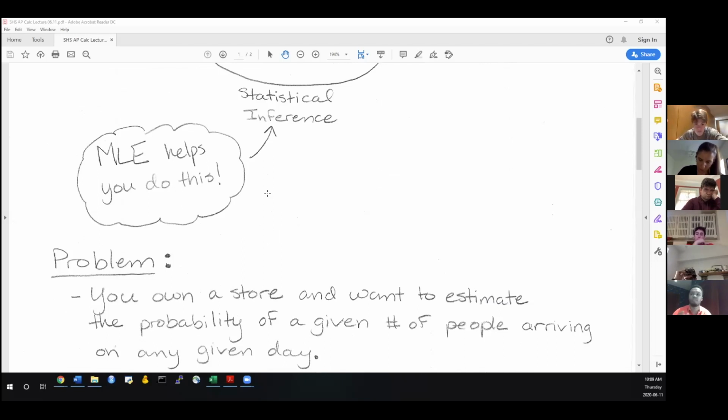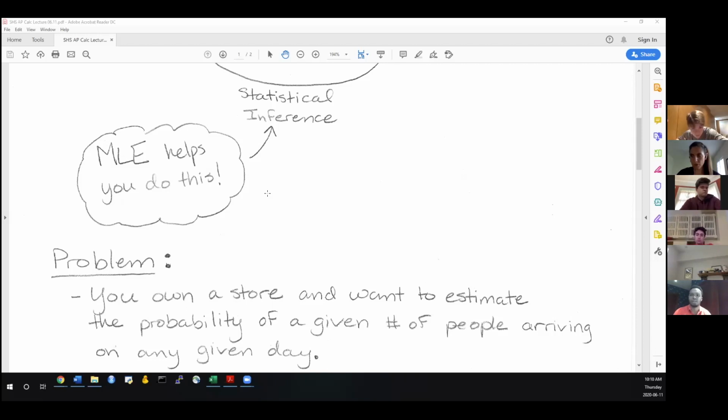But it's not enough for you to just know the average number of people arriving at your store. You also want to know the probability that you might get a lot of people arriving, or the probability that no one arrives at your store. And you can assume that each person who arrives at your store definitively buys 1 unit of the product you're selling in this example.